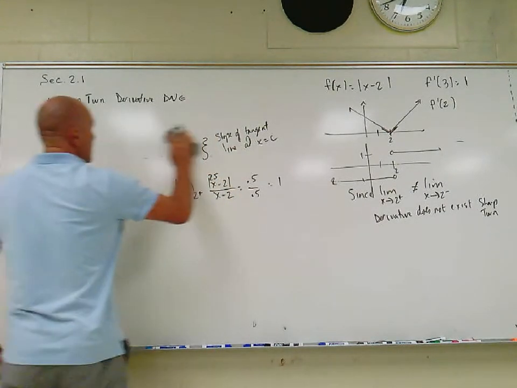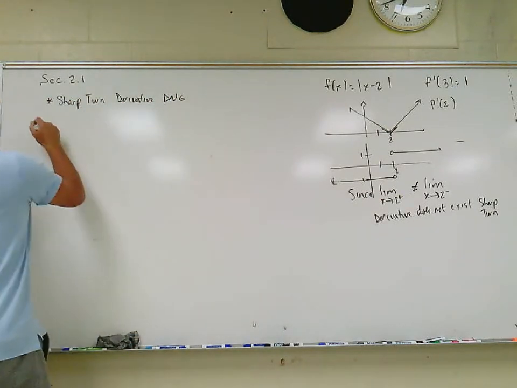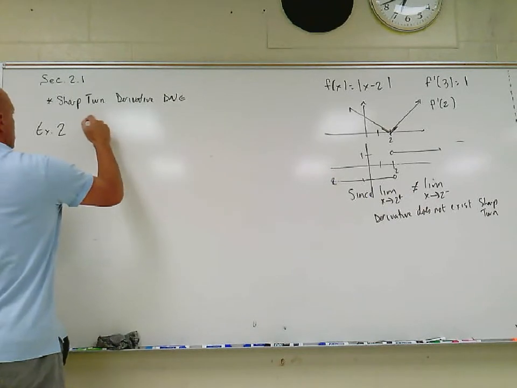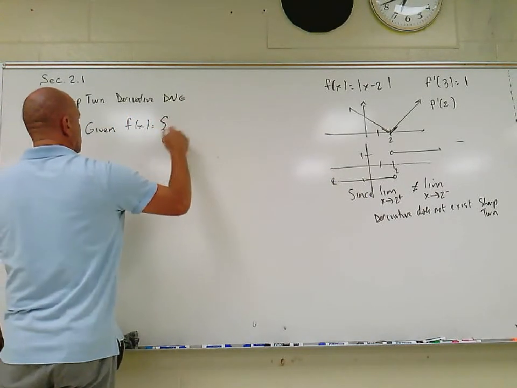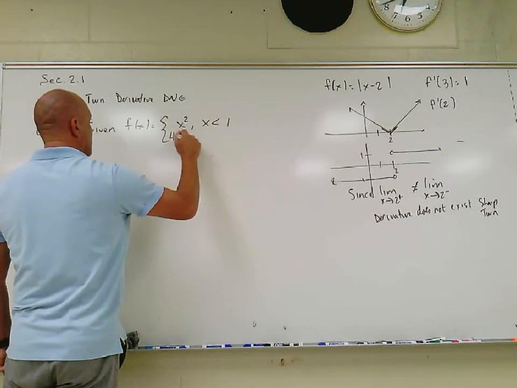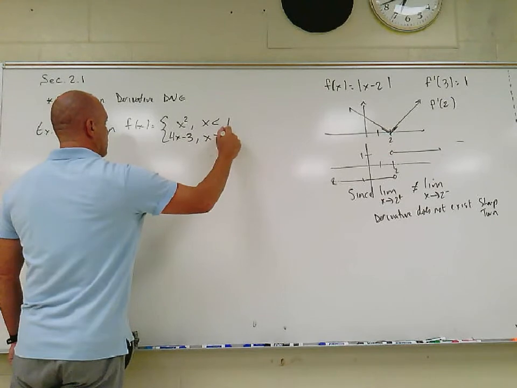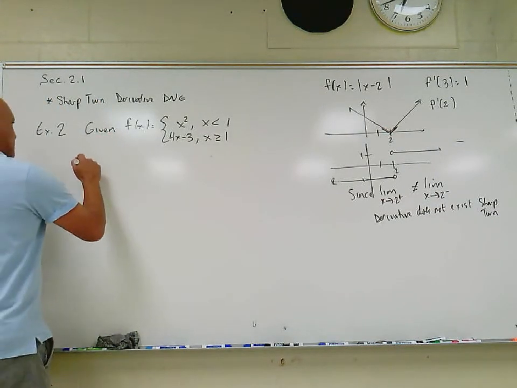We'll call this example 2, and we'll say given f of x is x squared for x less than 1, and 4x minus 3 for x greater than or equal to 1. So first of all, this is piecewise continuous.